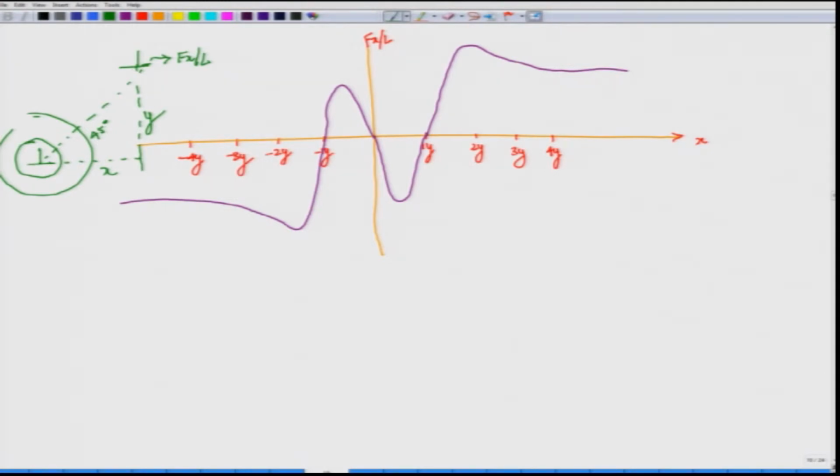However, when x is less than y, somewhere over here, f x by L is less than 0. So, it is negative. What we are doing is moving this dislocation along the x direction, and up to this point it is negative, at this point it is 0, and beyond it, it is positive.